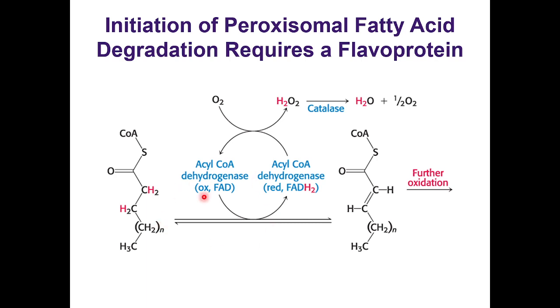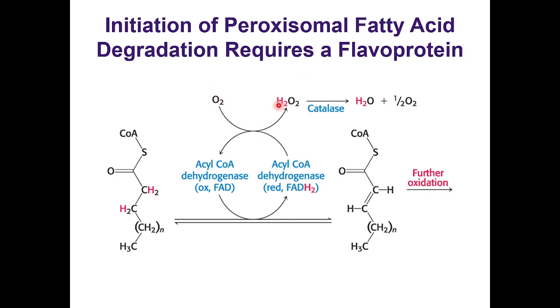Again, it's going to require that flavoprotein. And so here we have this very long chain. And so our acyl-CoA dehydrogenase in the oxidized form with FAD right here, again, it's the oxidized form, FAD, is going to then take that, it's going to oxidize this bond. This is going to give us the reduced form, and this would give us further oxidation down here, right?